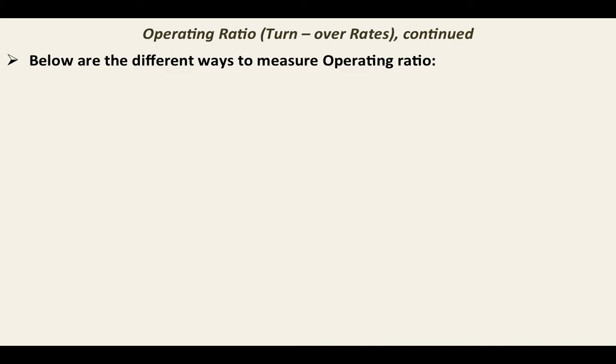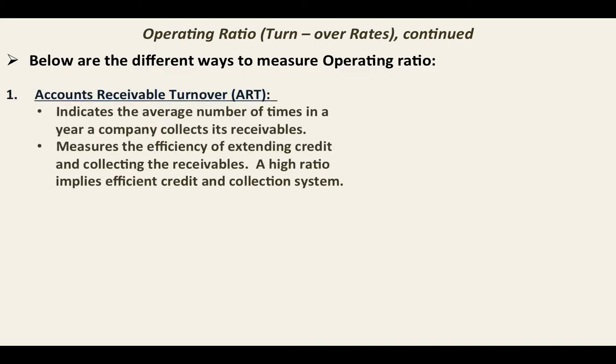There are different ways to measure operating ratio. The first one is accounts receivable turnover. Accounts receivable turnover indicates the average number of times in a year a company collects its receivables.